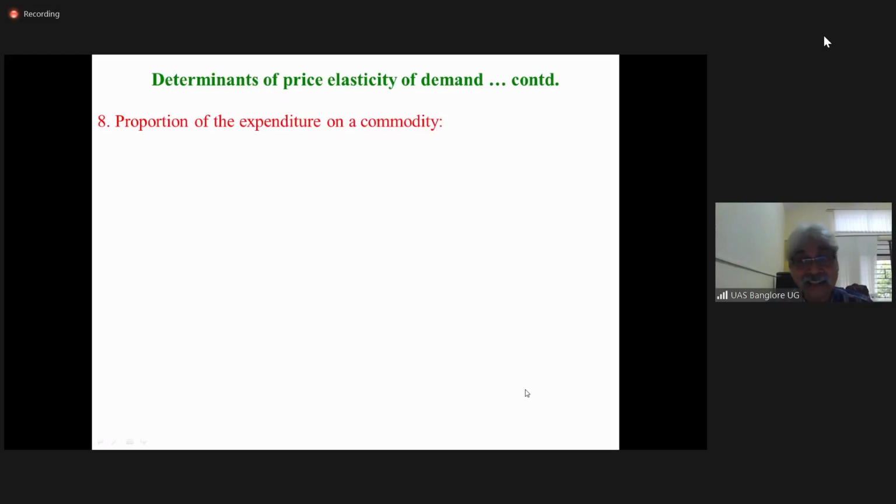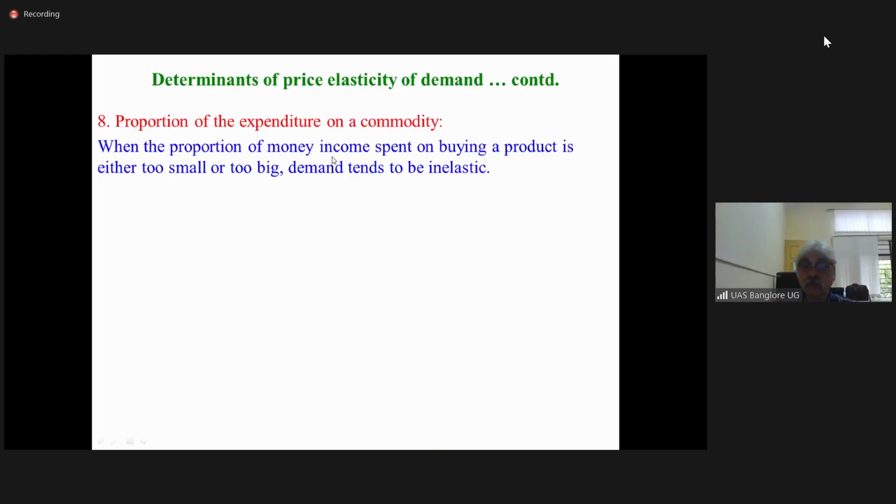Then 10,000 rupees out of the total 50,000 rupees expenditure is 20%. So 20% is the proportion of the expenditure on my house rent in the total expenditure. That is what it says, proportion of expenditure on a commodity.